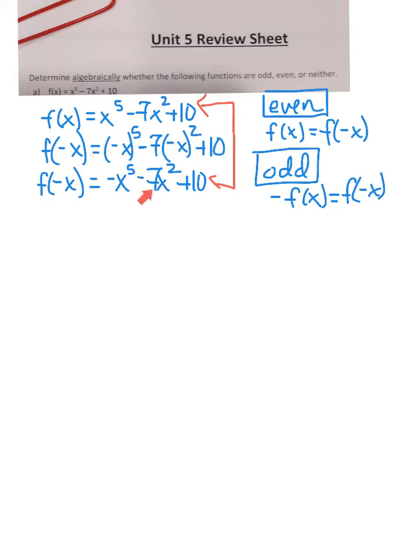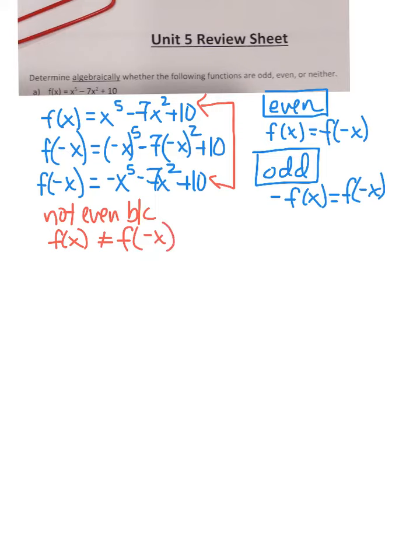Everything else matches up, the negative 7x squareds and the positive 10s, but our x to the 5ths are not the same. So then that being the case, we would say that it's not even because, and then let's state the rule, f of x does not equal f of negative x.